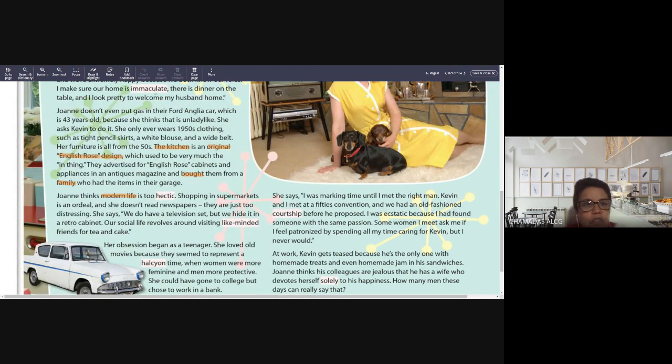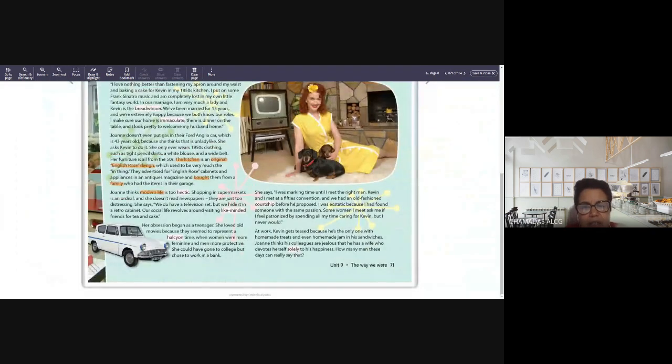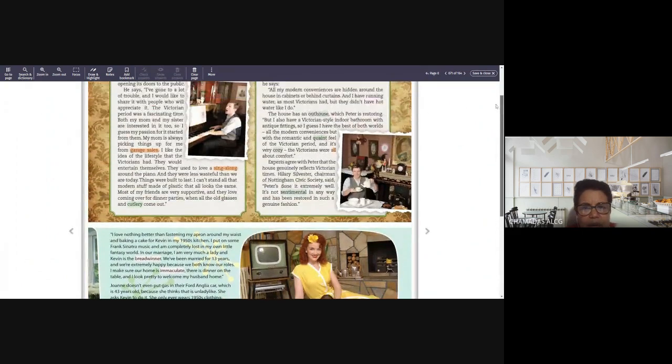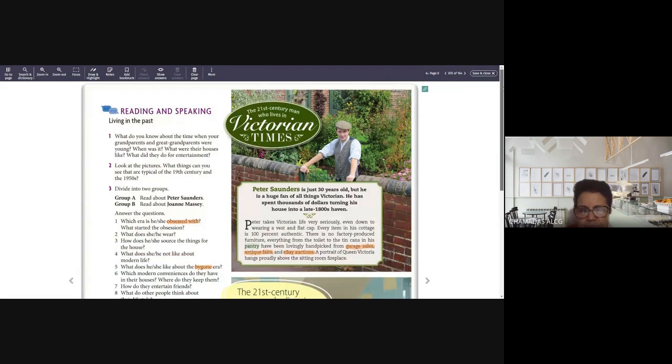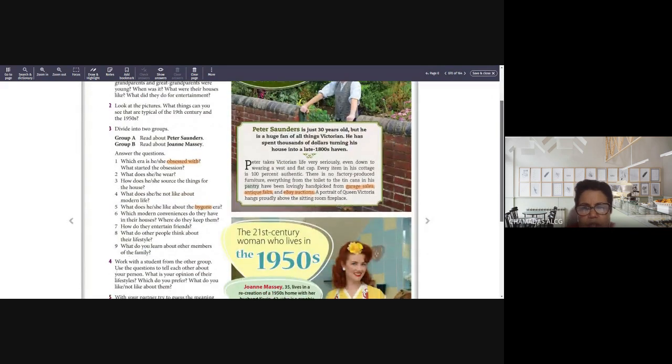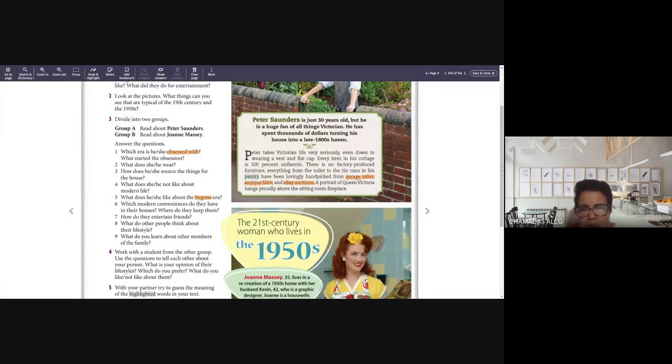Okay, people. So this was the vocabulary for this reading, okay? So here we have the words for both things. So we saw pantry, okay, here.